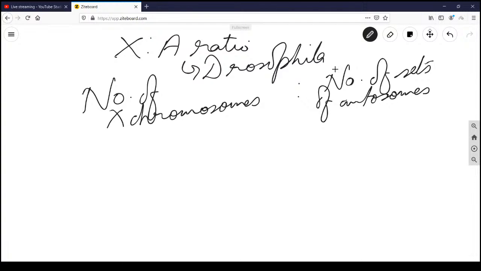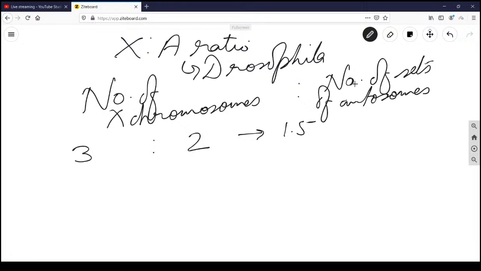So if the number of sex chromosomes is 3, and the number of autosome sets in Drosophila is 2, you are getting an X to A ratio of 1.5. So that will make it a meta female.